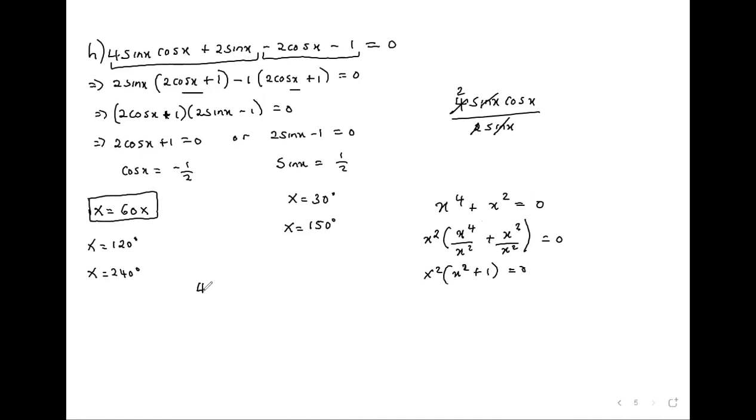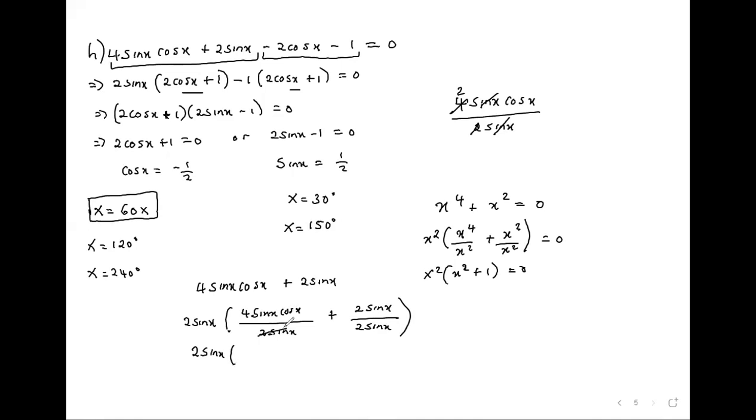Now that we have 4 sin x cos x plus 2 sin x, we factor out 2 sin x, meaning we must divide every part by 2 sin x. 2 sin x over 2 sin x, so the 2 sin x is there. Then this one divides up here, we get 2 cos x. This one divides up here, we get 1. So that if we are to expand back, we'll get this one.